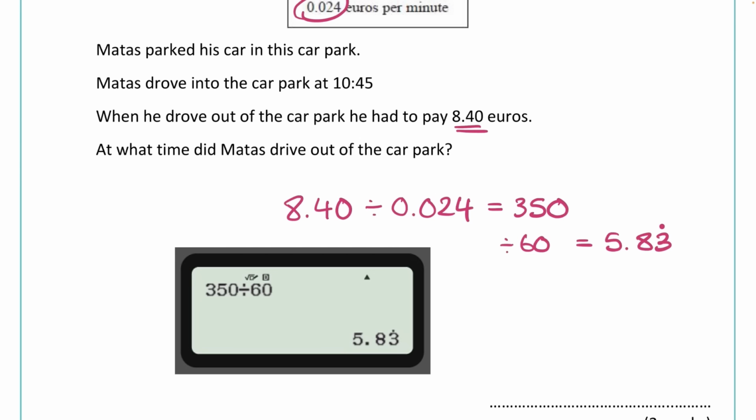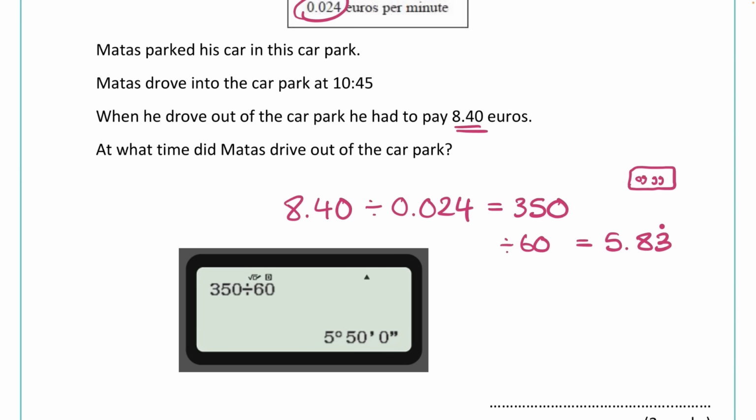So you can press the button on your calculator which converts that into a time. Typically, that button looks like this. If I attempt a relatively bad drawing of it, it kind of looks like that. I'm not drawing that very well, but there's a little button that looks like this, which will convert hours into minutes. If I press that button, it comes out looking like this: 5, and what looks like degrees.